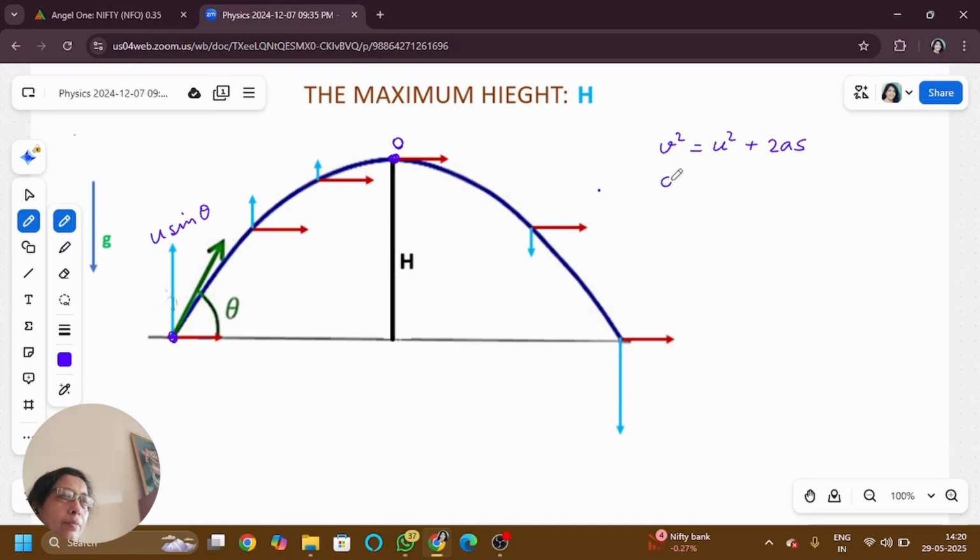So putting in the values, 0 is equal to u square sine square theta, and a will become minus g, so this is minus 2g into displacement, which becomes the maximum height, that is capital H, or H can be written as u square sine square theta by 2g.